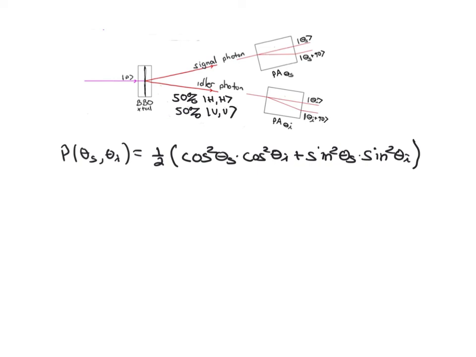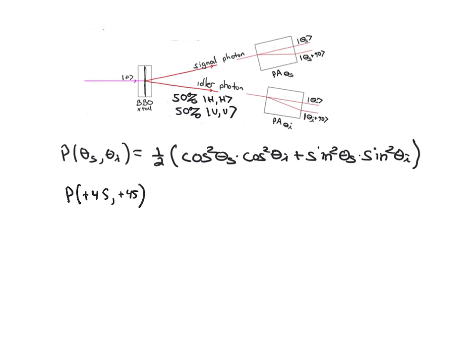So just to check it for a simple case, let's imagine that theta sub s is equal to plus 45 and theta sub I is also equal to plus 45.